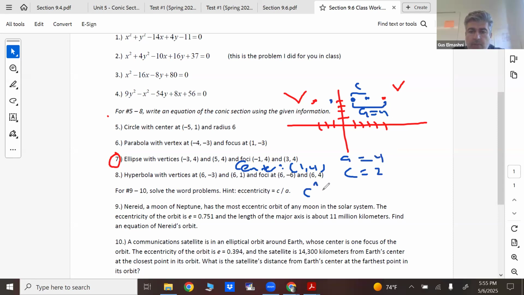So if I work it out, c squared equals a squared minus b squared. 4 equals 16 minus b squared. b squared would be 12.